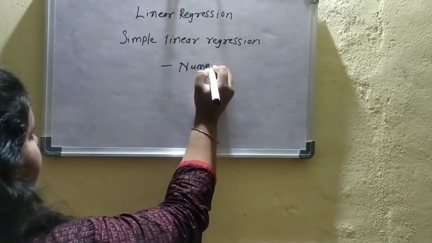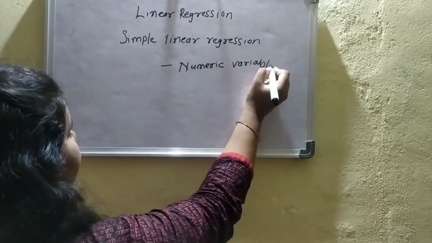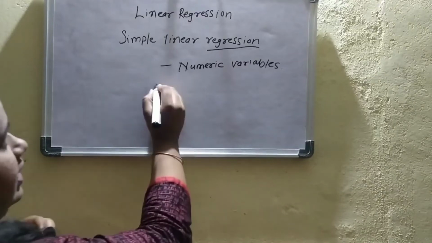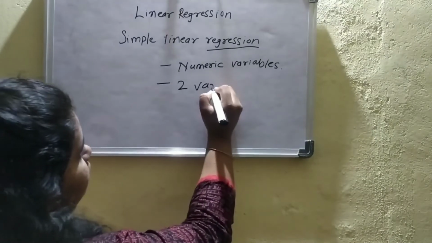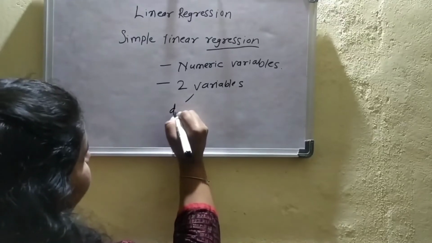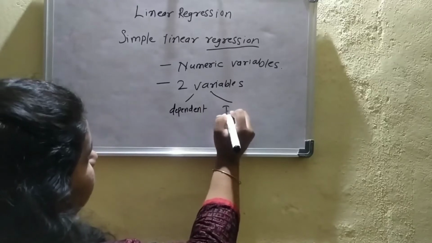Whenever we are dealing with regression, we have to notice that it is only used for numeric variables. So whenever we have numeric variables, we go for regression. The next important thing is that we will deal here with two variables. The first one will be the dependent variable and the other one is the independent variable.